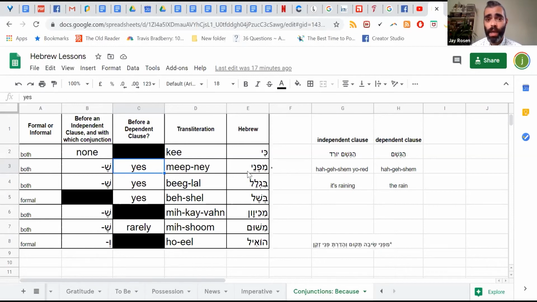One of the reasons why, and I put this asterisk here, any of you who've ever taken the bus in Israel know that one of the many, many stickers at the front of the bus has this line that I put right here, Mipnei seva takum. And sometimes it has the rest of the line, V'hadalta pnei zaken. This is a line from the Torah, and it basically translates to "upon or because of the elderly, you should rise."